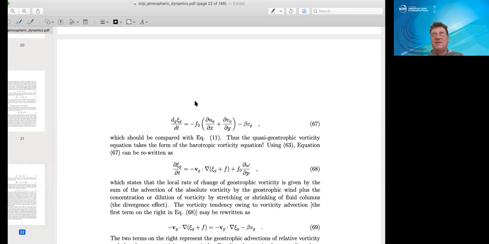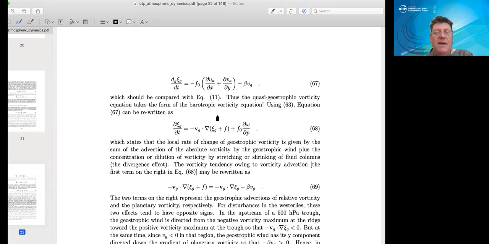Before we have done the opposite, we have derived a more complete vorticity equation, did a scale analysis, and found that the terms that you see here are the most important terms. So the change of vorticity following the geostrophic wind of the geostrophic vorticity is given by the divergence term and the advection of planetary vorticity.